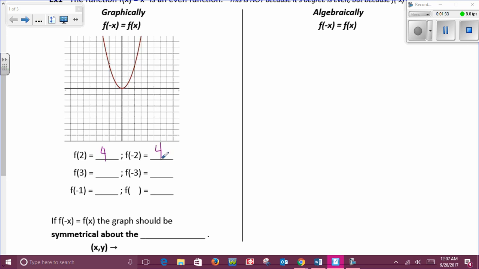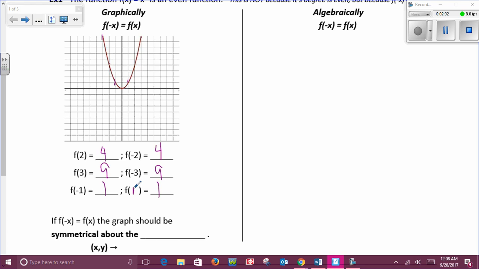And f of 3 is way up here, and that is 9. And f of negative 3 is way over here, and that is also 9. F of negative 1 is over here, and that is 1. Notice these are all equal to 1, well f of 1 is also equal to 1.